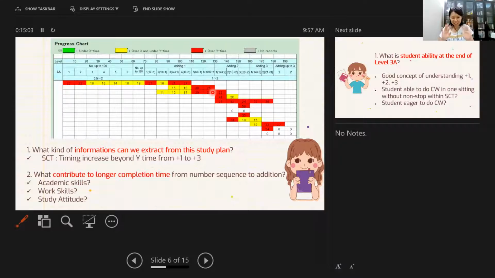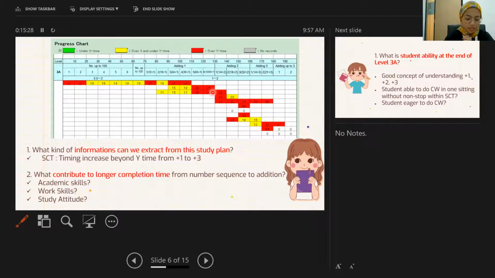He hasn't yet. But he's quite quiet, sitting there and looking around. Actually, at the moment for level 3A, right?